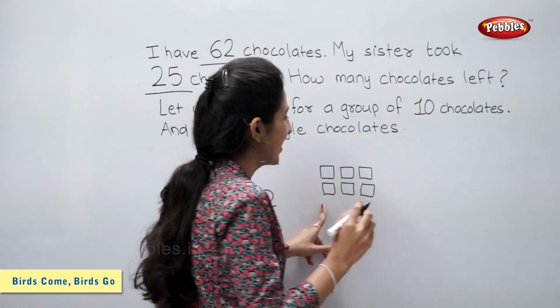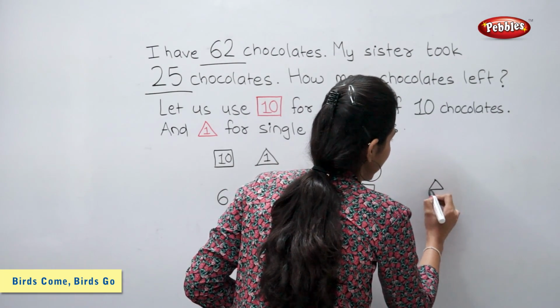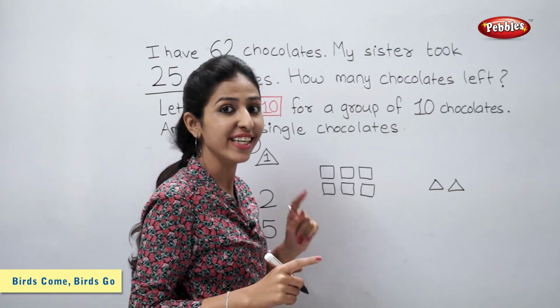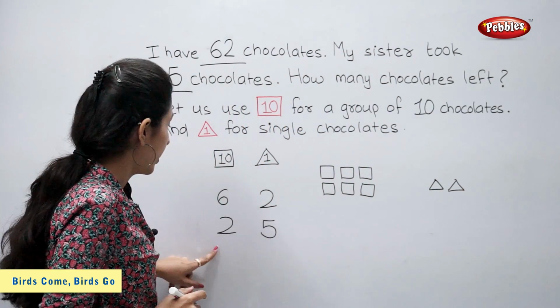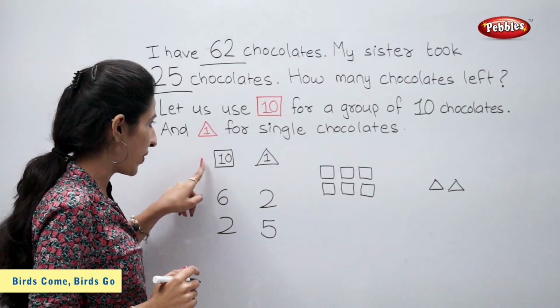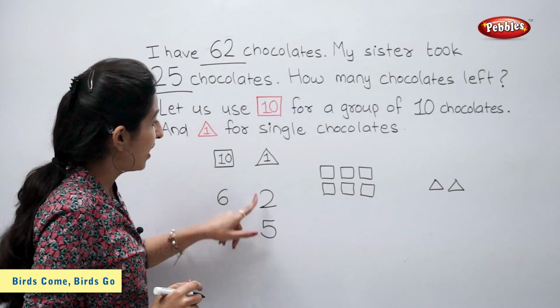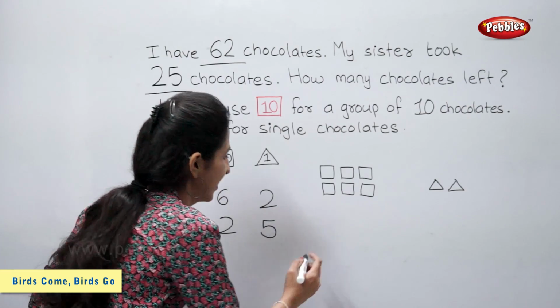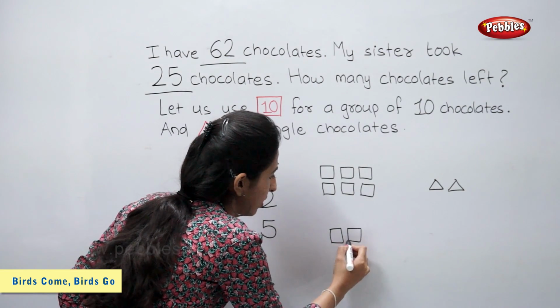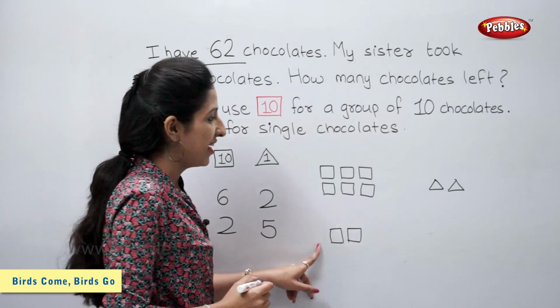Six squares, 2 triangles. Number 62. Number 25. 25 means 2 squares, 5 triangles.